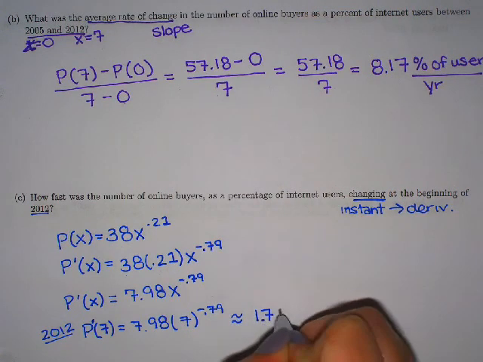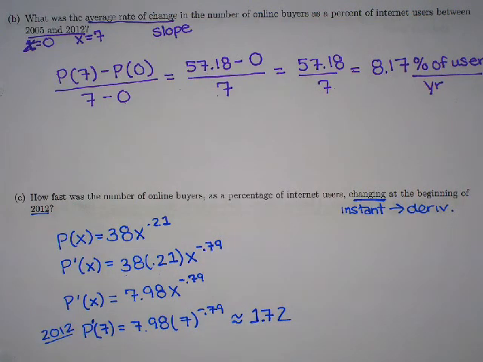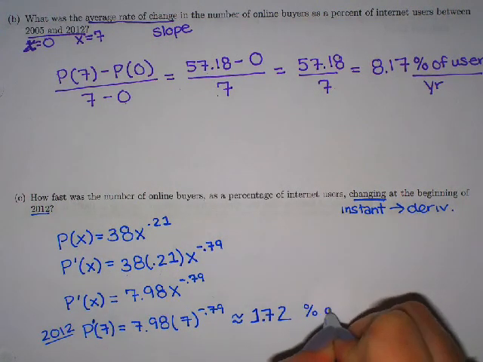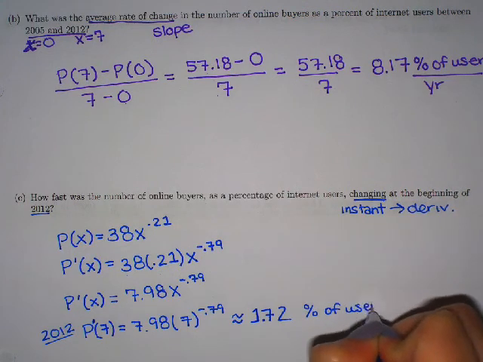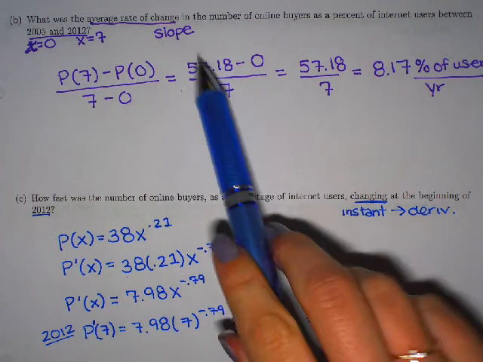So we're going to get about 1.72. And that's 1.72 what? It's a rate of change, so it's going to be 2 units. It's going to be percent of users per year.